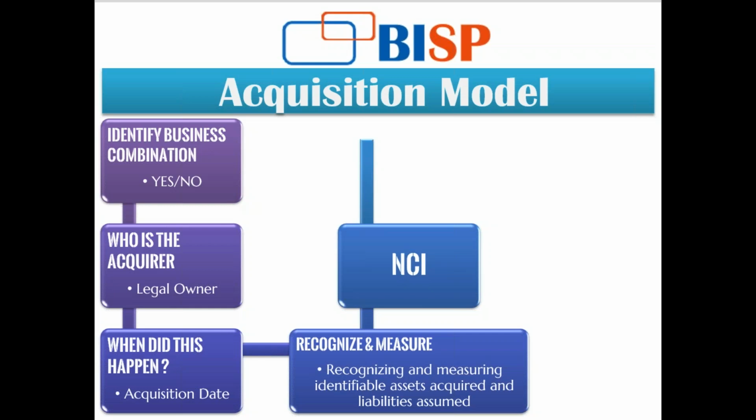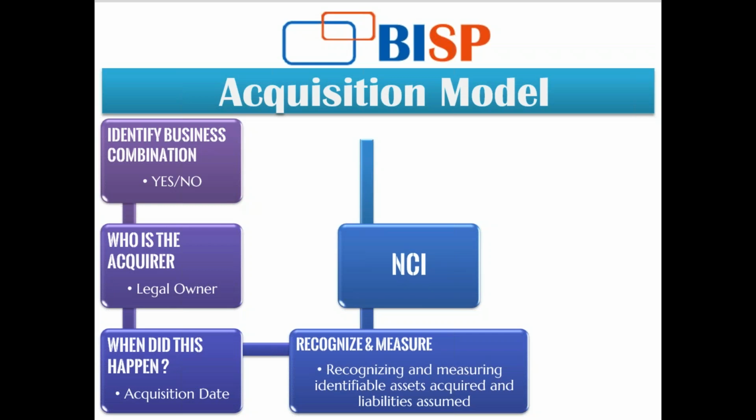Then comes the step to recognize and measure the non-controlling interest. NCI is the non-controlling interest. The acquirer has the choice, of course, to measure the present ownership type non-controlling interest at either the fair value or the proportionate interest in the acquiree's recognized identifiable assets.